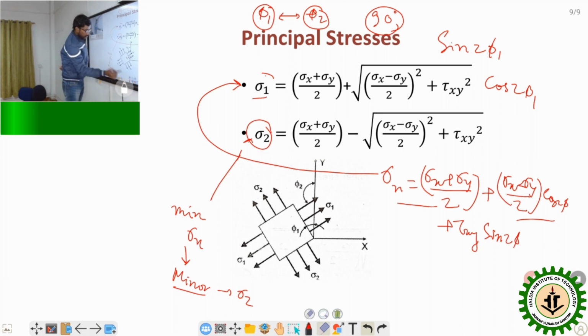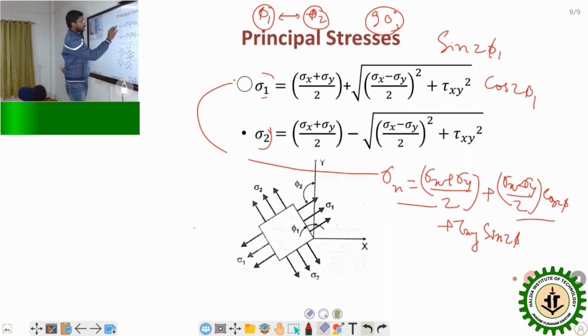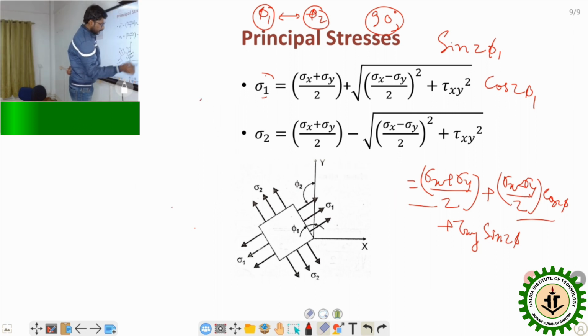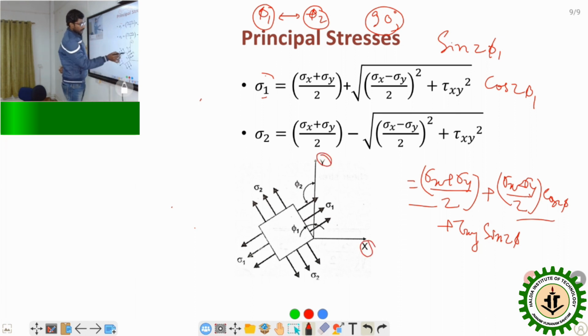So if we want to represent the direction of principal planes and the corresponding stresses, if it is the xy axis, so this angle is phi 1, that is this plane is basically the major principal plane. On this plane, sigma 1 is acting, which is maximum normal stress, and another plane is at an angle of phi 2.